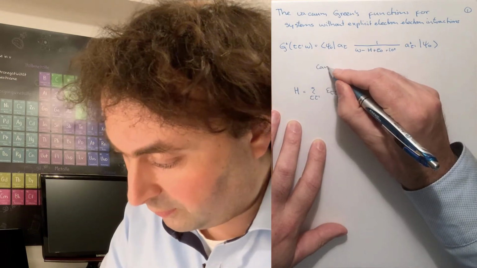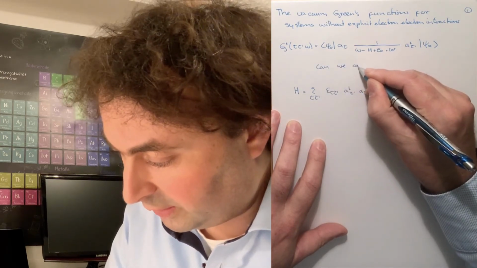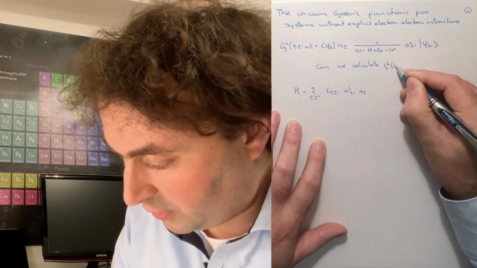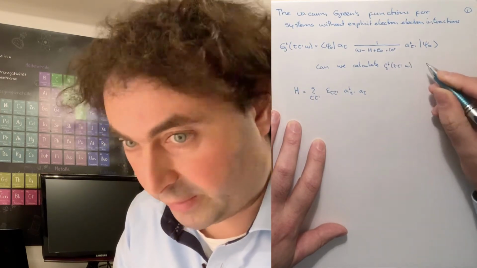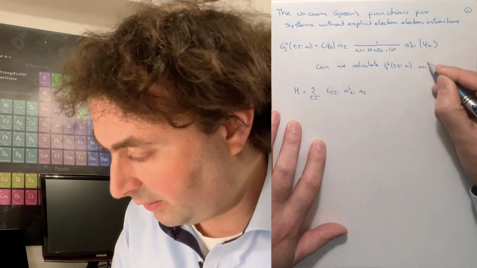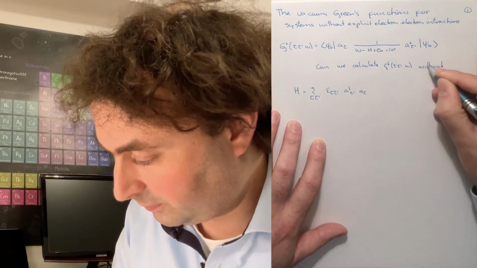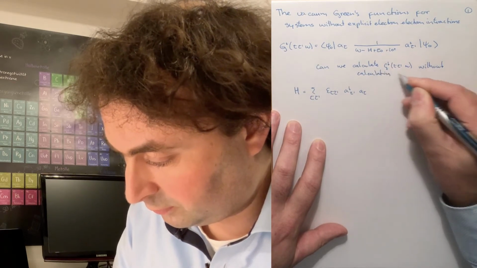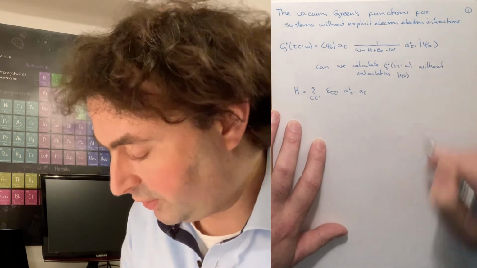So, can we calculate G plus tau prime omega without calculating the ground state?